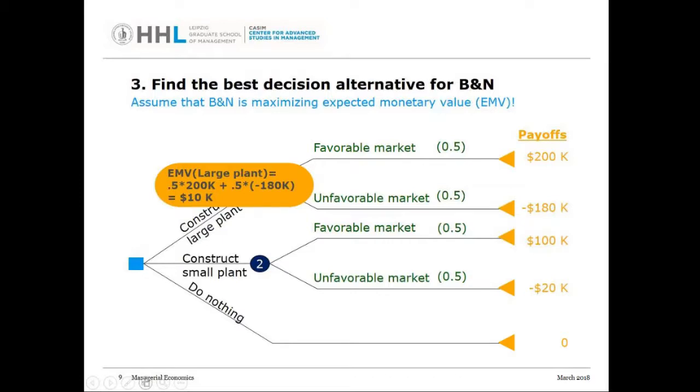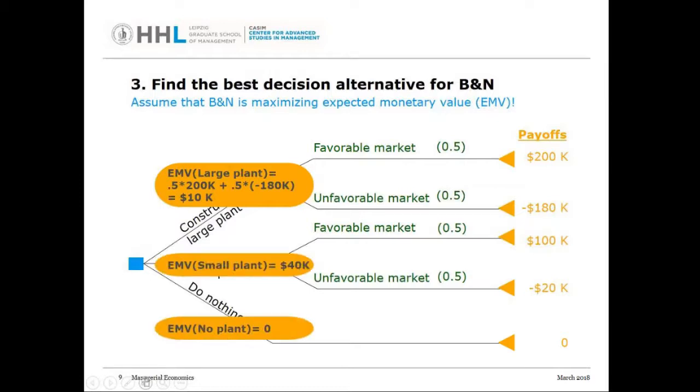What does it mean? It means that for every decision alternative, for constructing a large plant, we calculate the average monetary payoff, which is 50% of 200K plus 50% of the loss of 180K. It gives us an expected monetary value of 10,000.